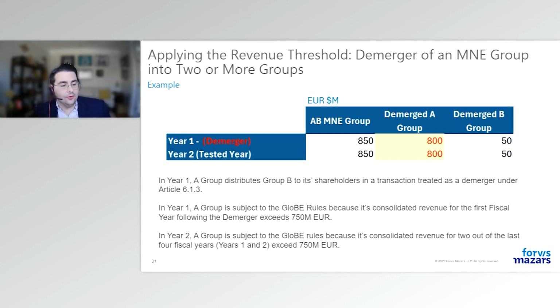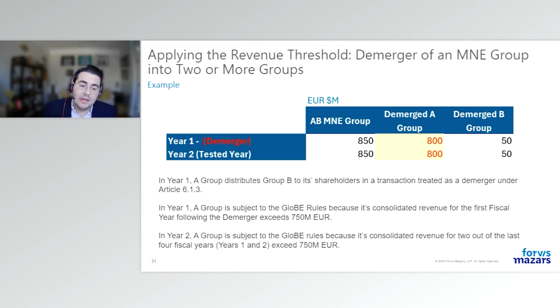Here in year one, A group will be subject to the GloBE rules because its consolidated revenue for the first fiscal year following the demerger exceeds 750 million euro, and you can see that right there. It's at 800. In year two, A group is subject to the GloBE rules because its consolidated revenue for two of the last 4 fiscal years, years 1 and 2, has now exceeded 750 million euro. So in this assumption, the demerged A-co continued its consistent path of 800 million euro or more.